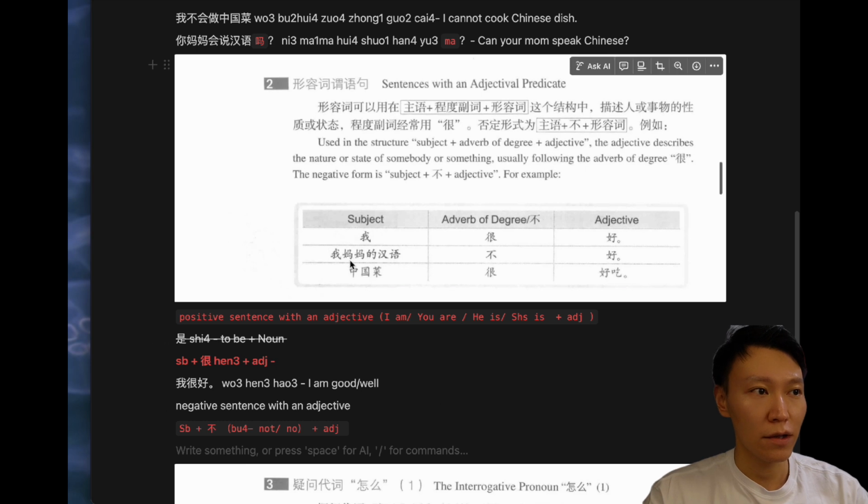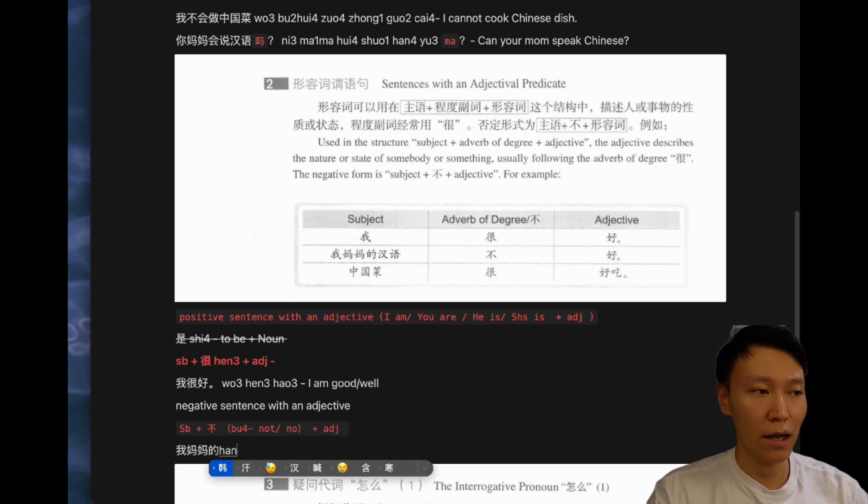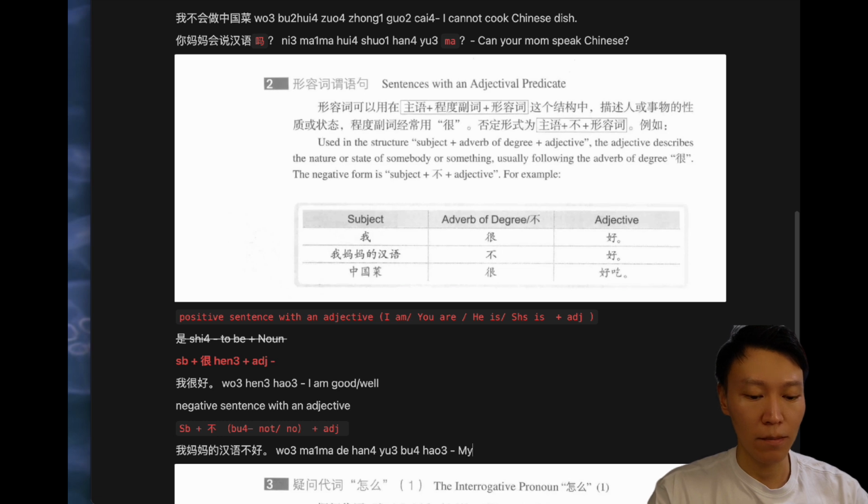So here, the example here, 我妈妈的汉语不好. Yeah. 我妈妈的汉语不好, which means my mom's Chinese is not good.